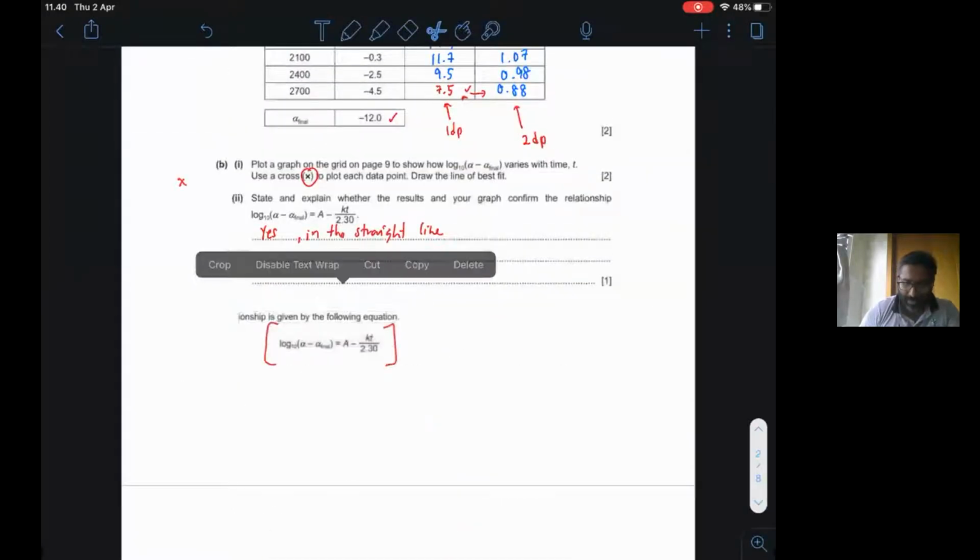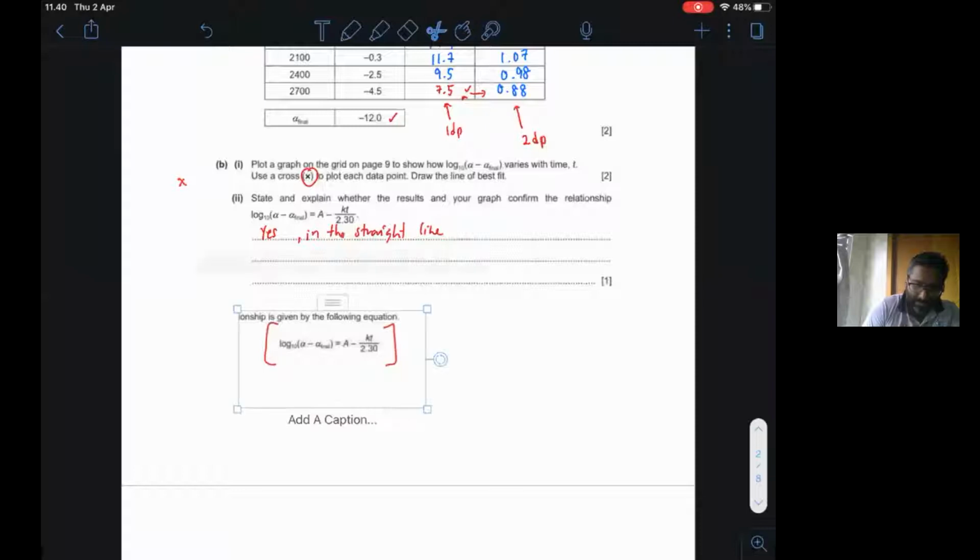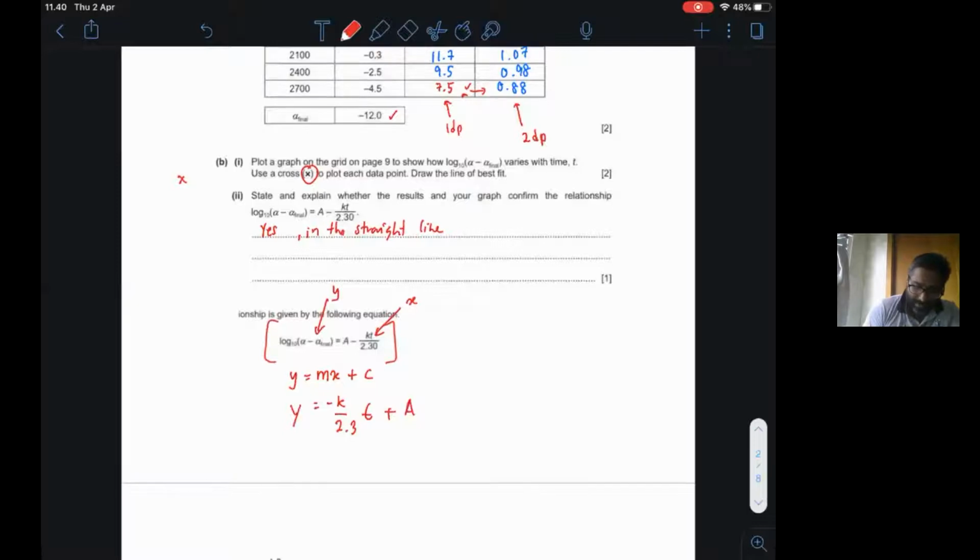Here, this was your y-axis and this t was your x-axis. So we know that according to your maths, this is mx plus c. If I rearrange this, I'm going to get negative k over 2.3, t plus a. If you compare, this is similar to what we are getting.